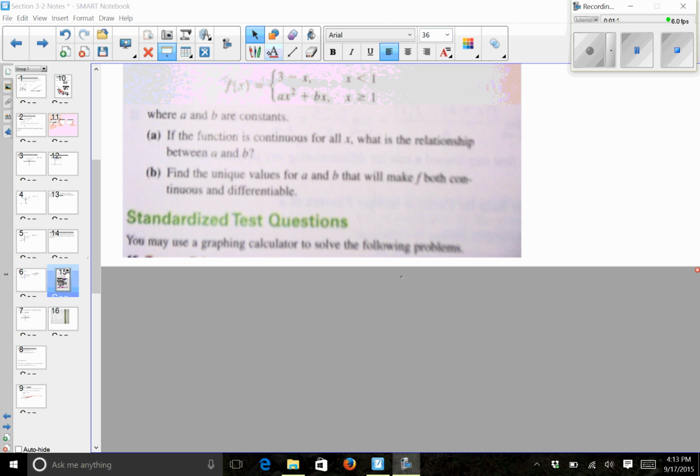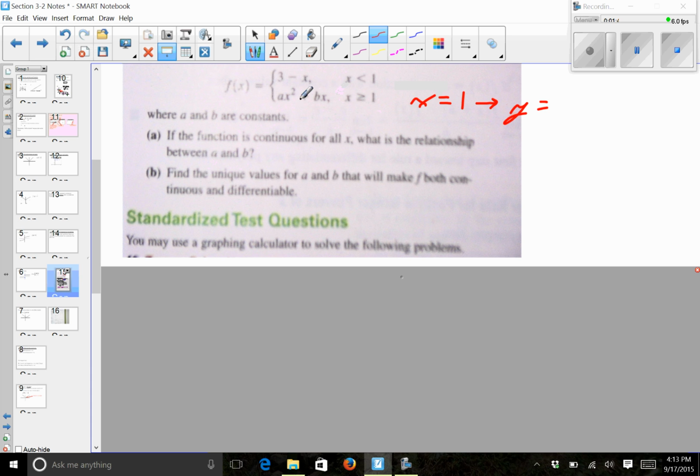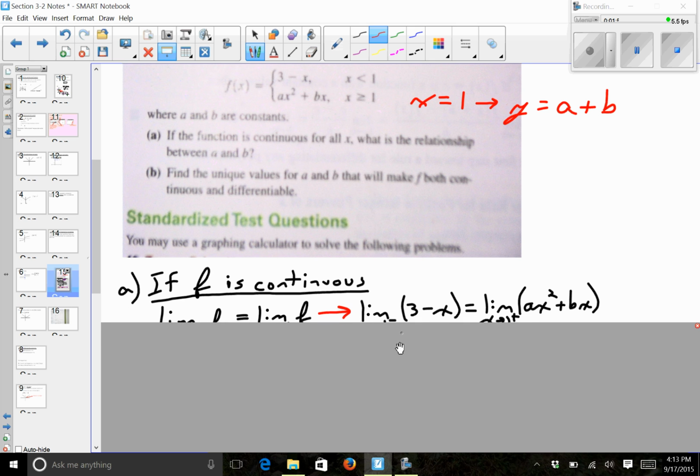Well, our function value says when x equals 1, we have to use the quadratic piece. And so my y value there, if I plug in 1, is going to be a plus b. So that's not really helpful to us, so next we turn to the two-sided limit.